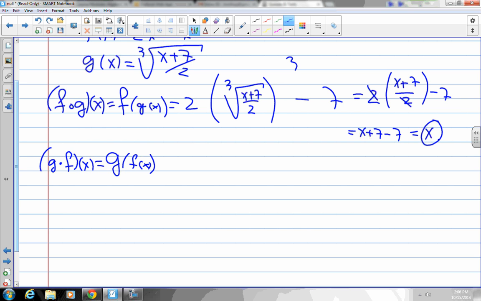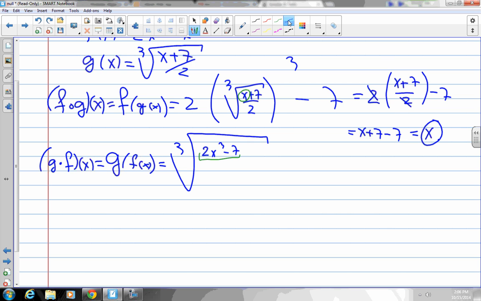f inside of g, so the other way of composition. What happens here is it's a cube root of, instead of x, I'm going to put f, which is 2x cubed minus 7. Instead of that little x over here, I put function f.